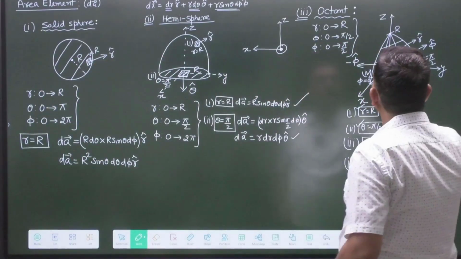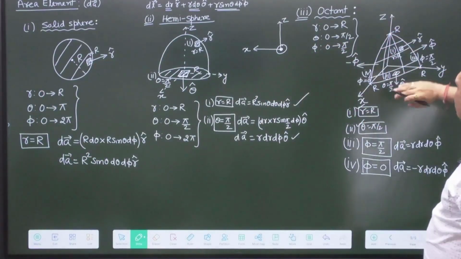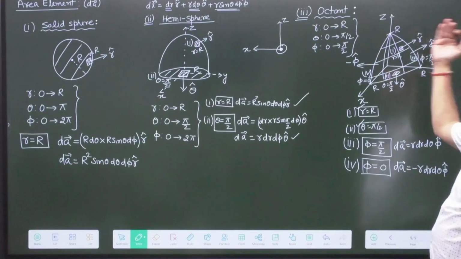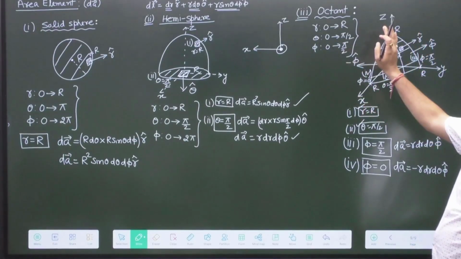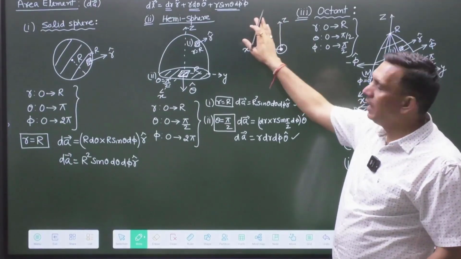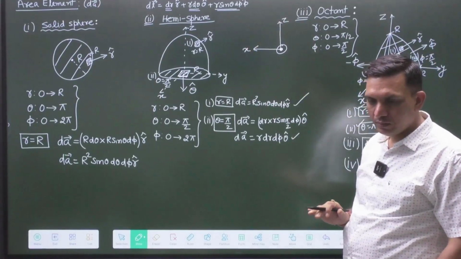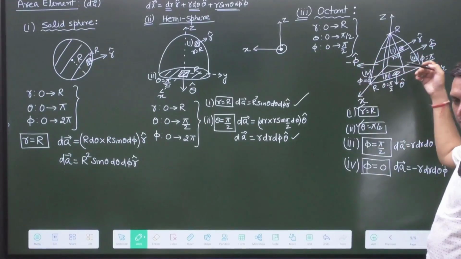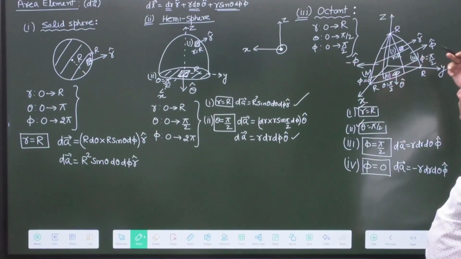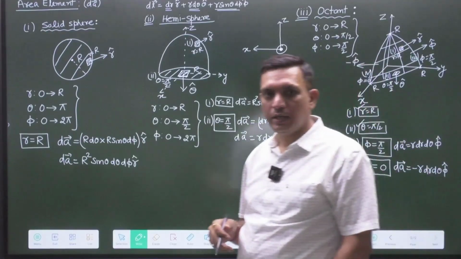This is a spherical part, then the lower xy plane, surrounded by the yz plane, and then the xz plane. When it is the xz plane, if this direction is plus phi cap, then away from the surface is minus phi cap.